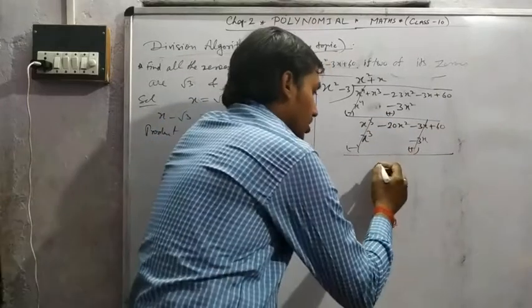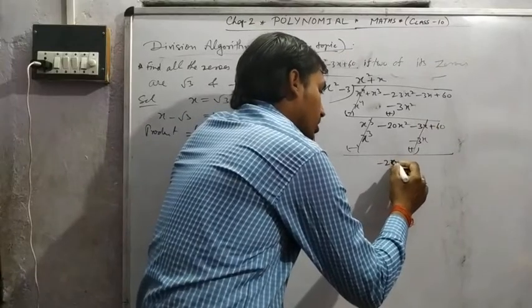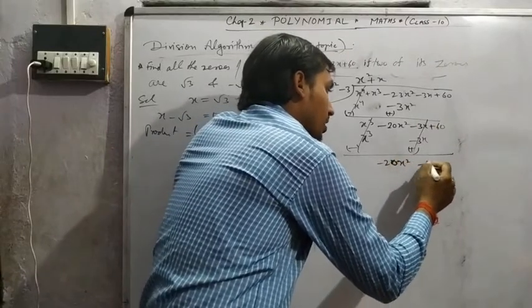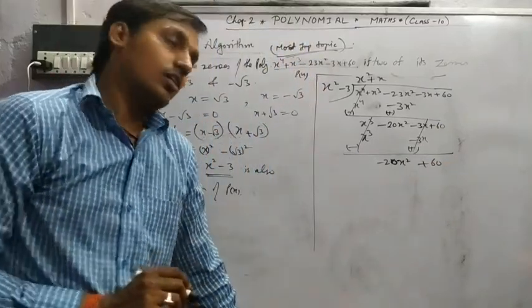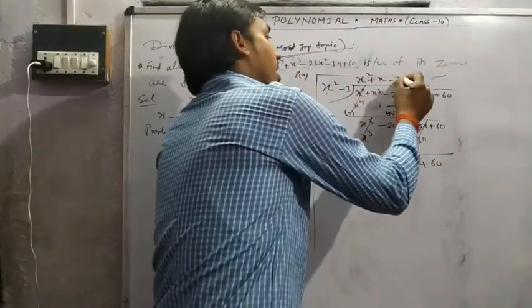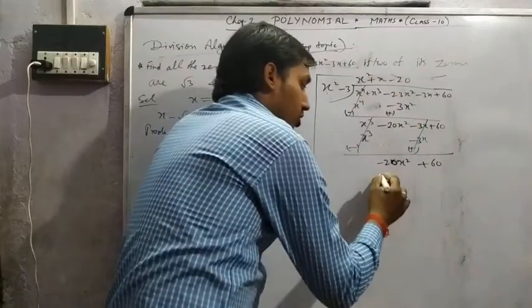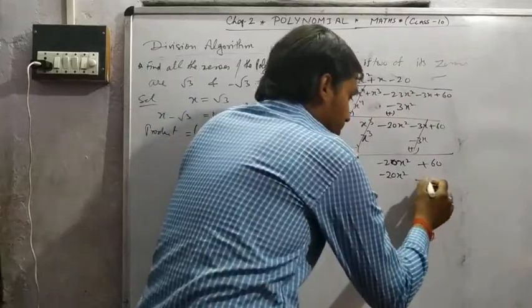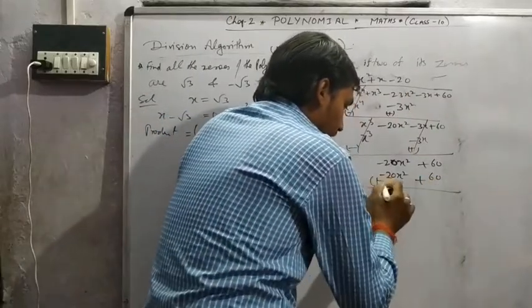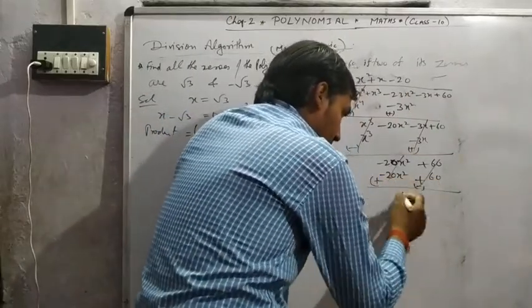What remains? Minus 20x square plus 60. Then we want minus 20 times: minus 20 into x square, minus 20 into minus 3 is plus 60. Change the sign. The remainder we get is 0.